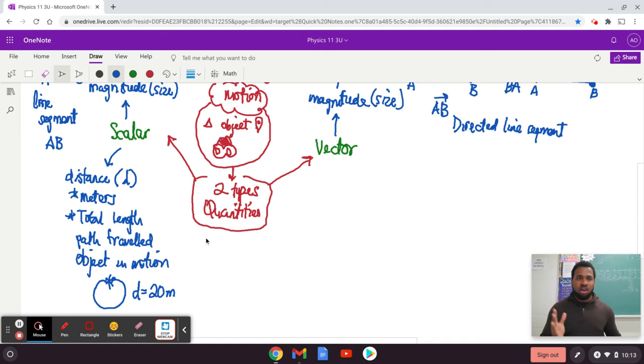This doesn't tell you the direction specifically. However, a comparison with a vector would be another quantity that is considered to be a vector quantity, called position.